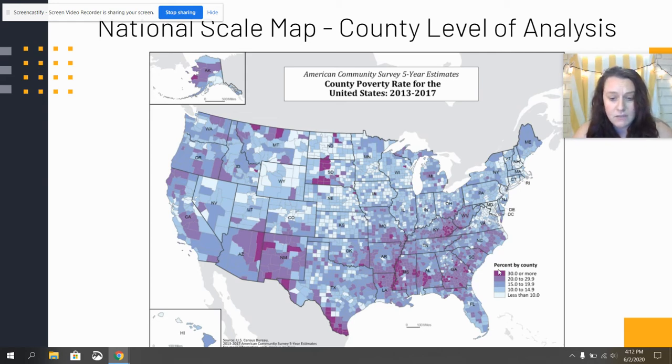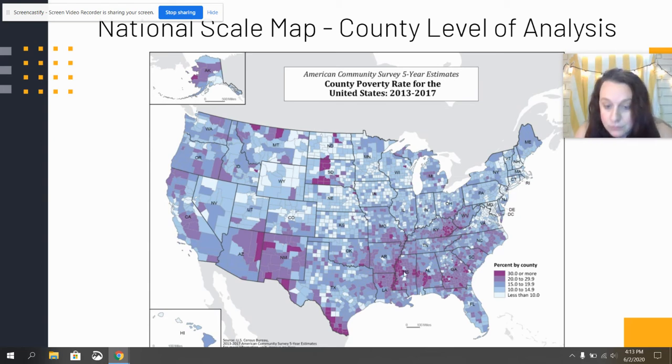Okay. So again, does the trend hold true, right? And for the most part, it does. These counties right here had the highest rates of poverty on our previous sub-state scale of analysis map. But you can see the data is different, right?